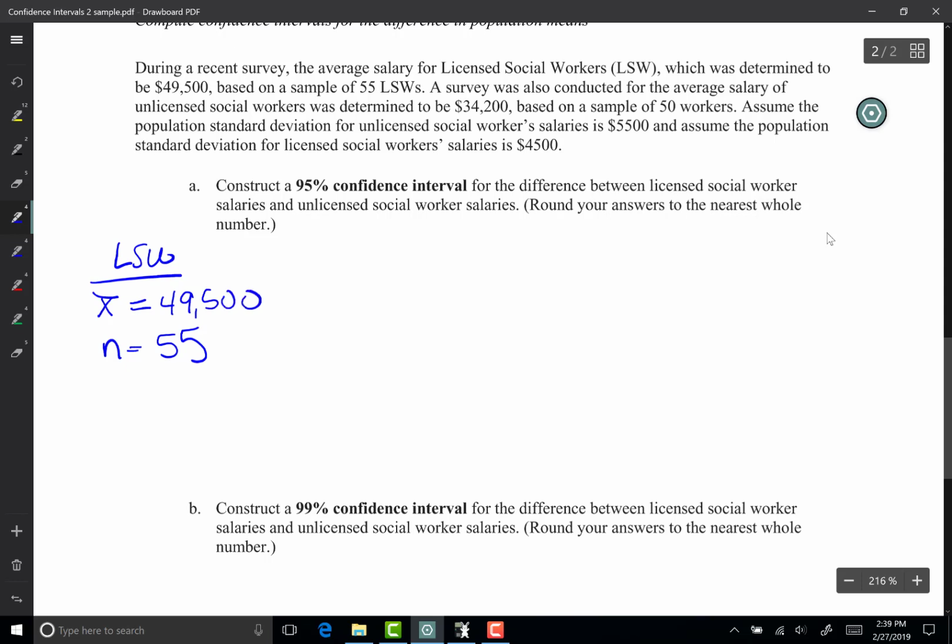And it tells us the population standard deviation for licensed social workers is 4,500. So that's our sigma. I'm going to put a little subscript of 1 by both of these.